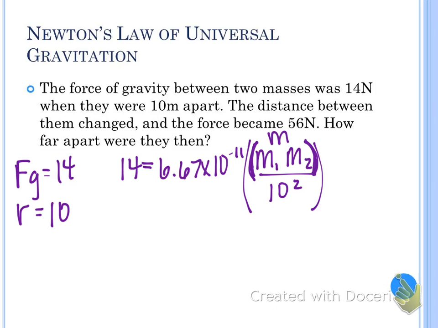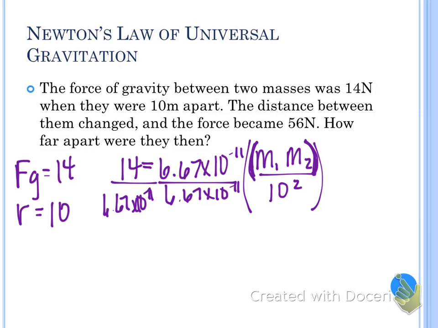If you want to think of it just as m, that's fine. I'm going to leave it as m1 times m2, but we're going to solve for that term of our equation first. Okay? So mathematically, the way I go about this is I'm going to move my 6.67 times 10 to the negative 11th to the other side first. So I'm going to divide 14 by 6.67 e negative 11th.